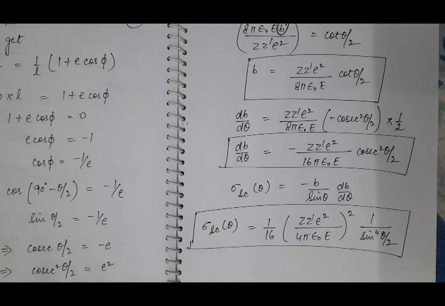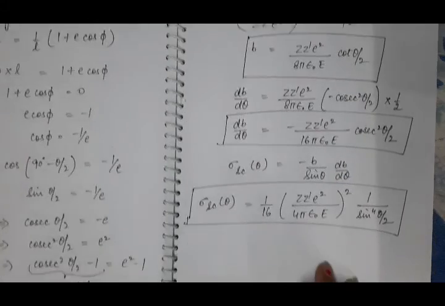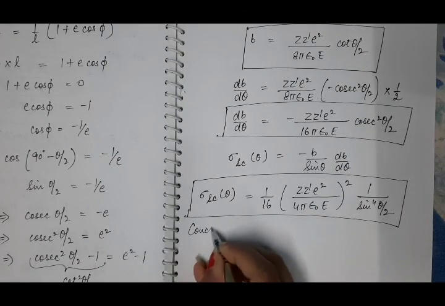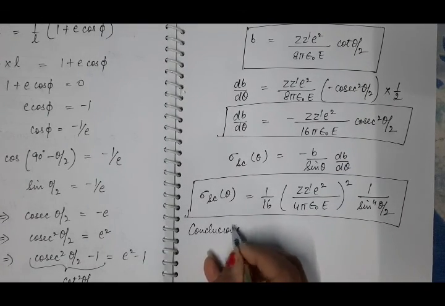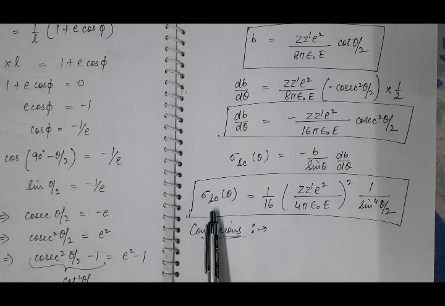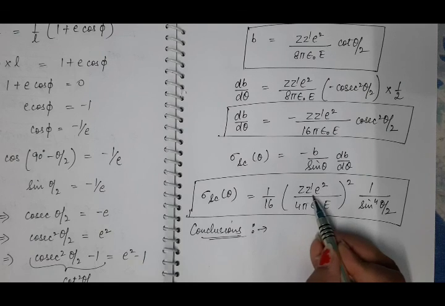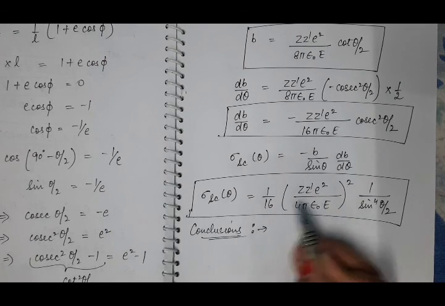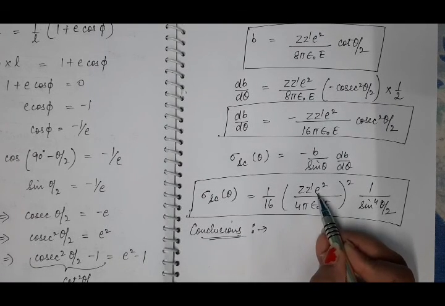So what are the conclusions? You have to write the conclusions also, which are the most important. The conclusion is that this differential scattering cross section, in case of a positively charged particle approaching a positively charged atomic nucleus, is directly proportional to the square of the charge on the atomic nucleus, because it is directly proportional to Ze.